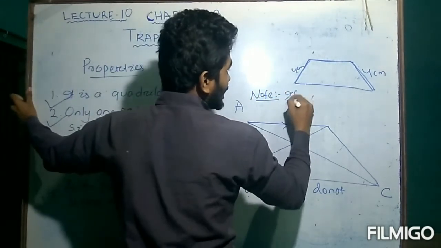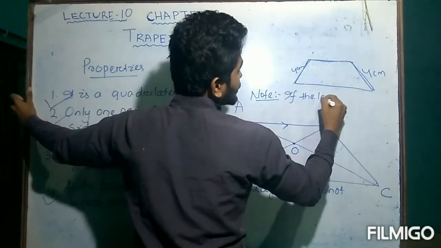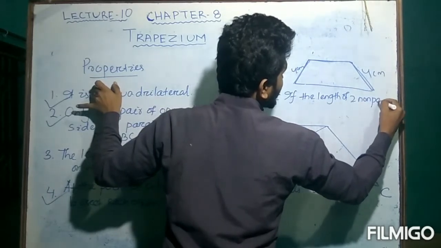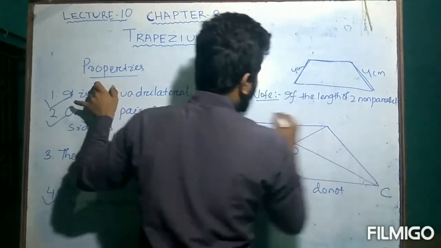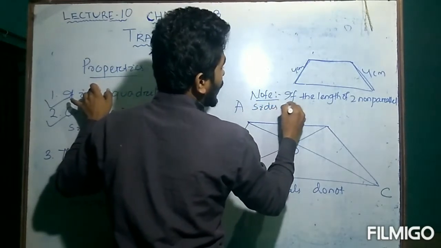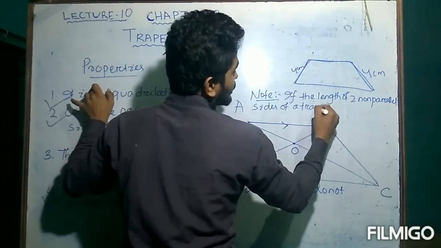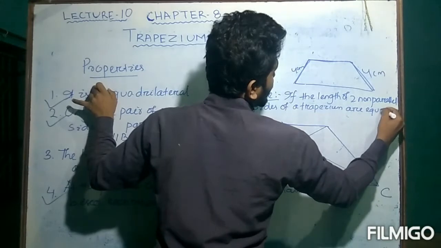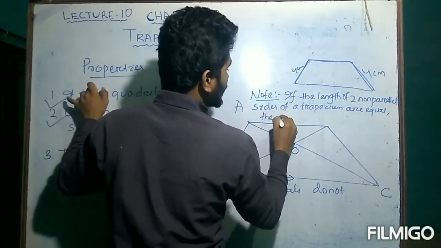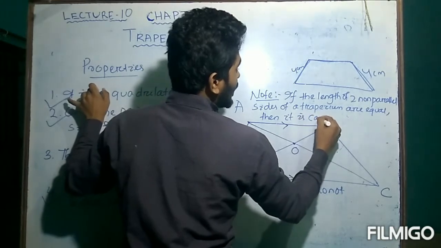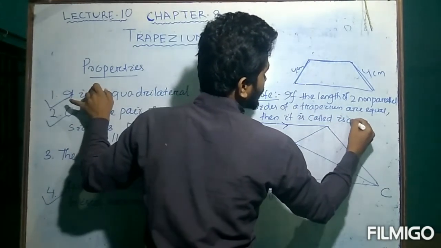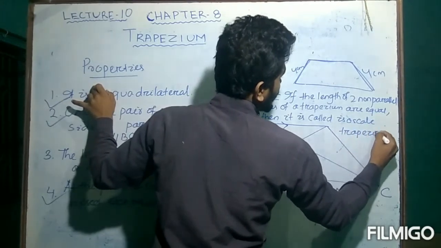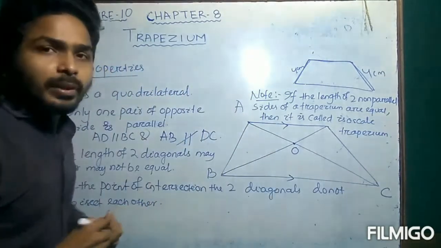So write it: if the lengths of the two non-parallel sides of a trapezium are equal, then it is called isosceles trapezium. Did you understand?